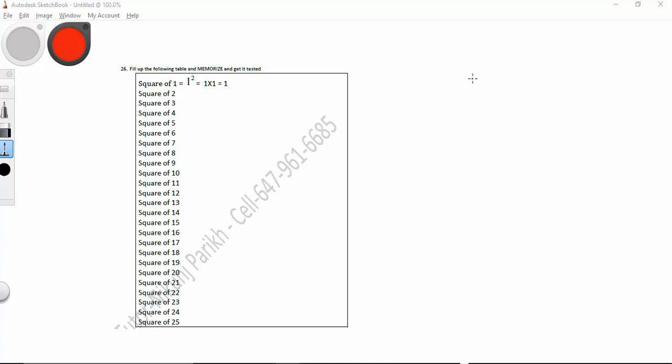So let us understand what this something is. For example, if I write 4 and a small 2 on the top of it, then this whole thing is called the power. This 4 is called the base of this power.